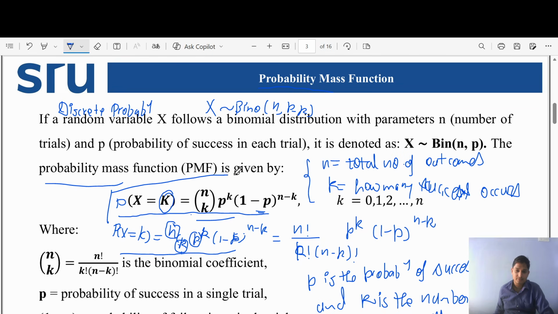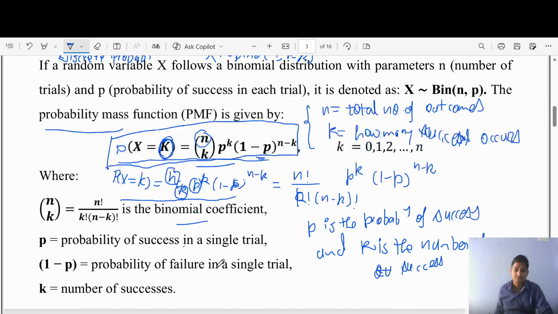This probability function evaluates the number of successes when the probability p of success and the total number of outcomes are given. So this is the concept of the probability distribution function.